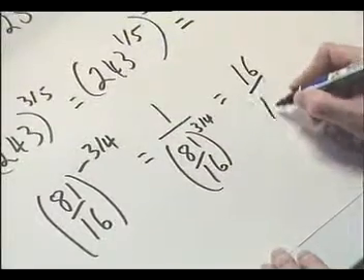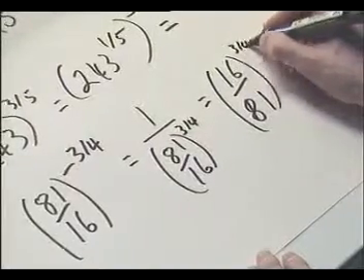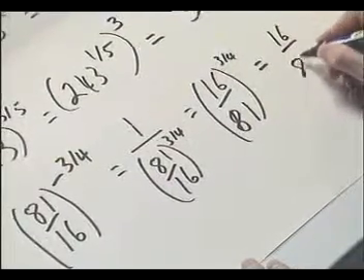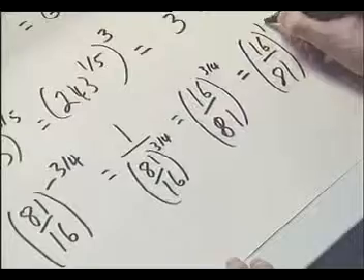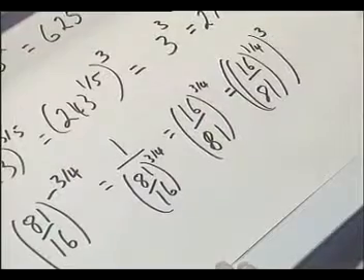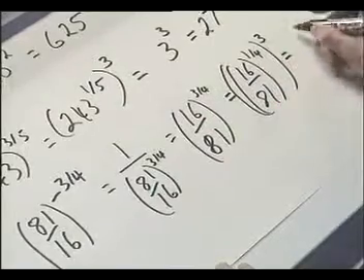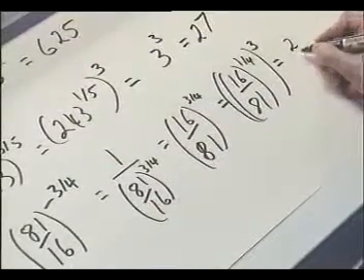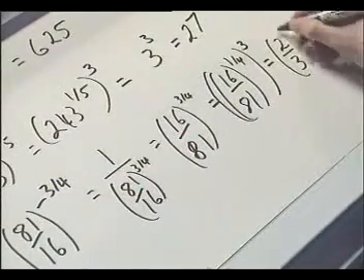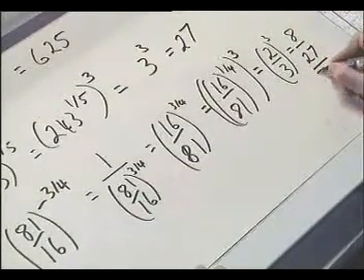So this becomes 16 over 81 raised to the power 3/4, which equals 16 over 81, first of all to the quarter, and then raised to the power 3. To the quarter, 16 is 2 to the power 4, so that's a 2. And 81 is 3 to the power 4, so that's a 3. And we need to cube that, and that gives us 8 over 27.